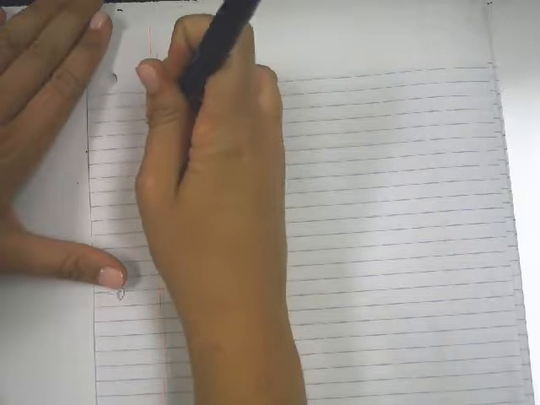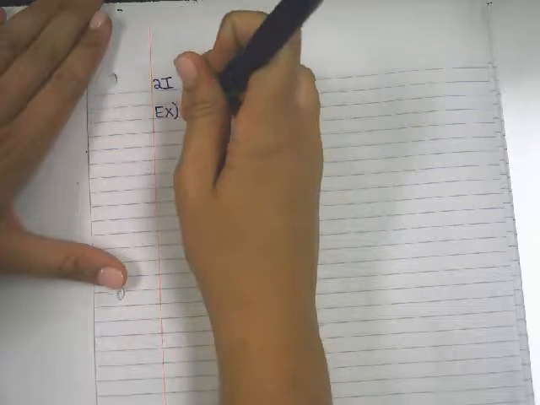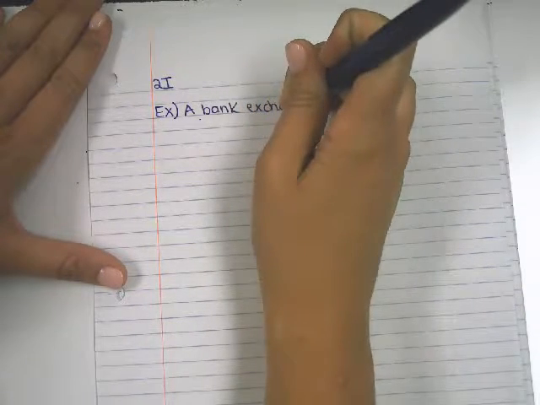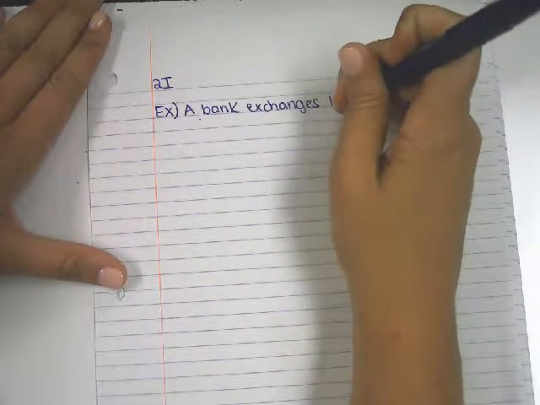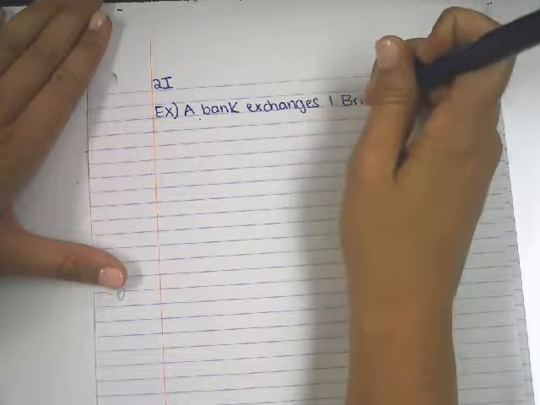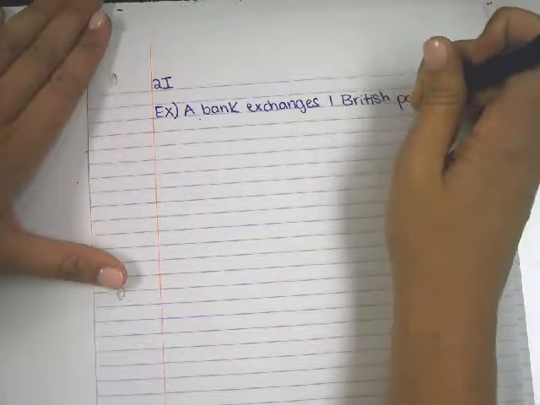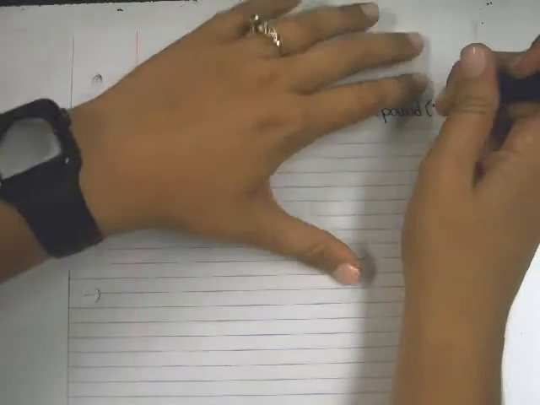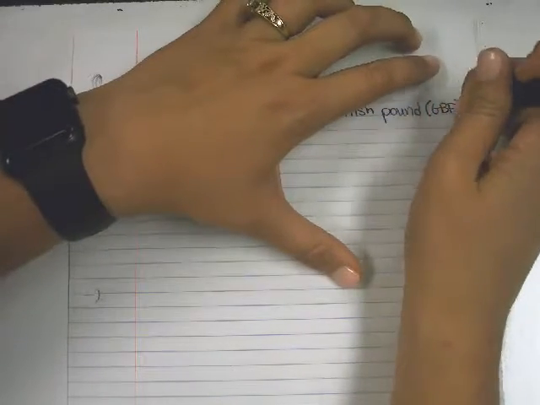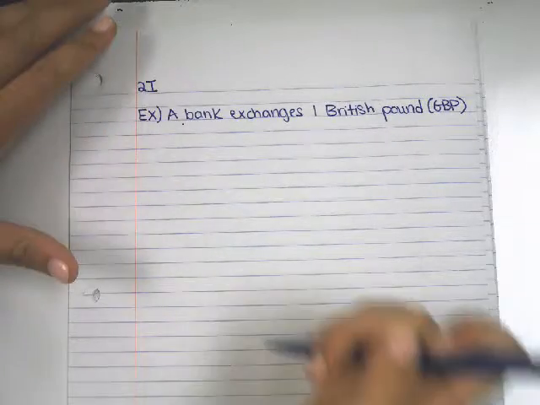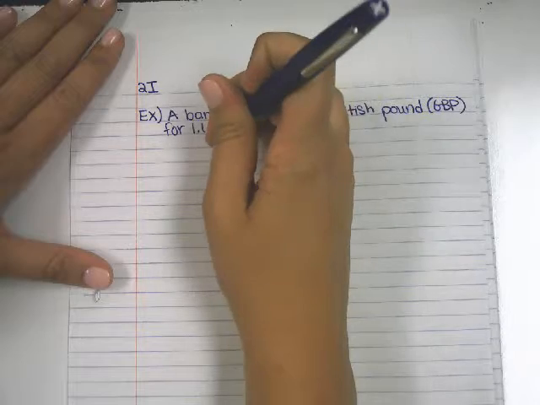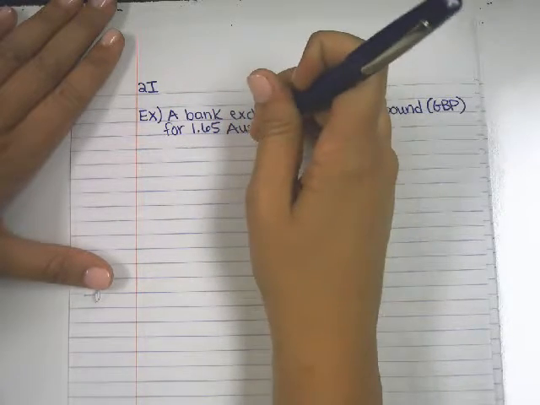So let's start with an example. Let's say a bank exchanges £1 British pound. And all these currencies are going to have little abbreviations. So this is GBP, Great British Pound, for 1.65 Australian dollars.